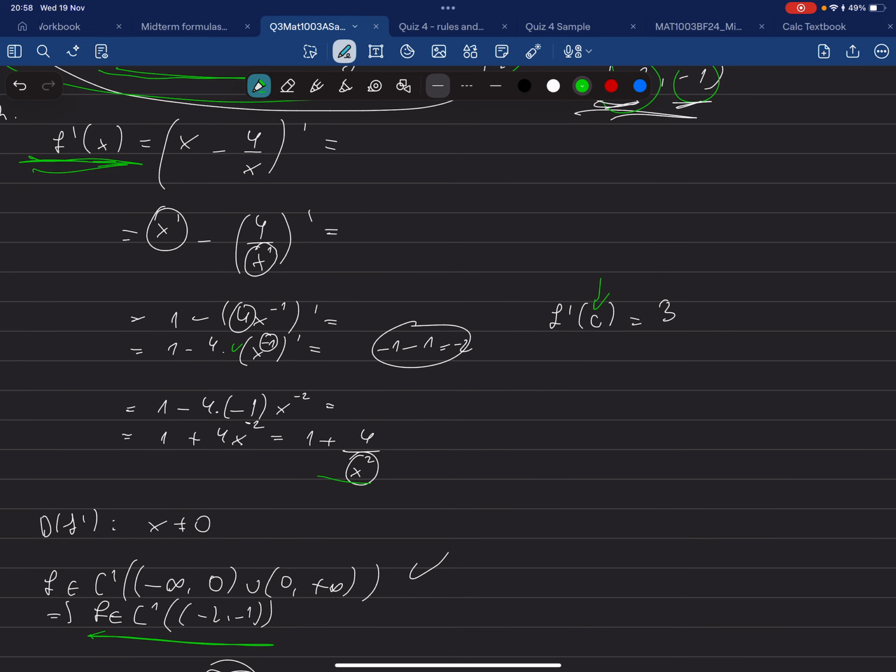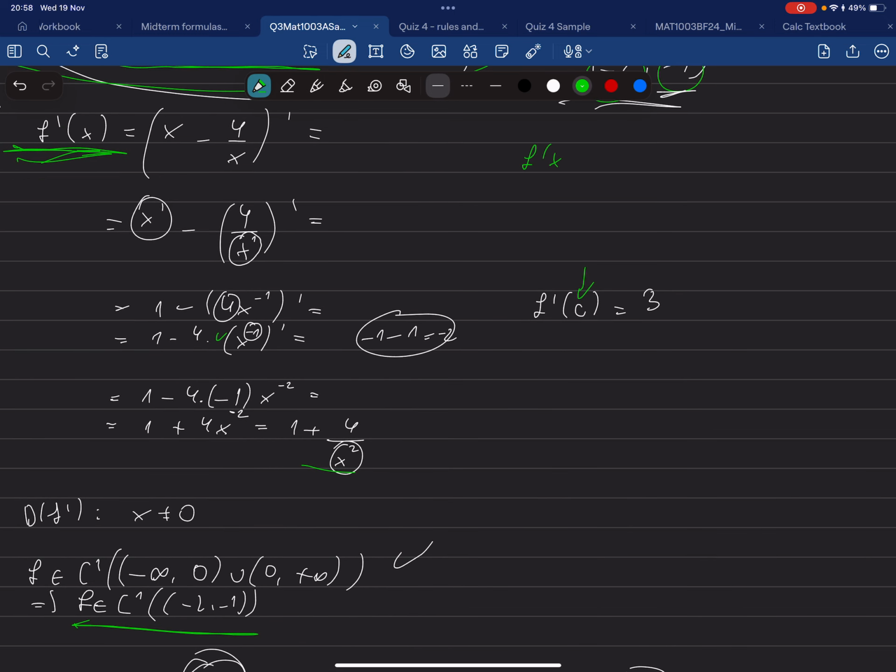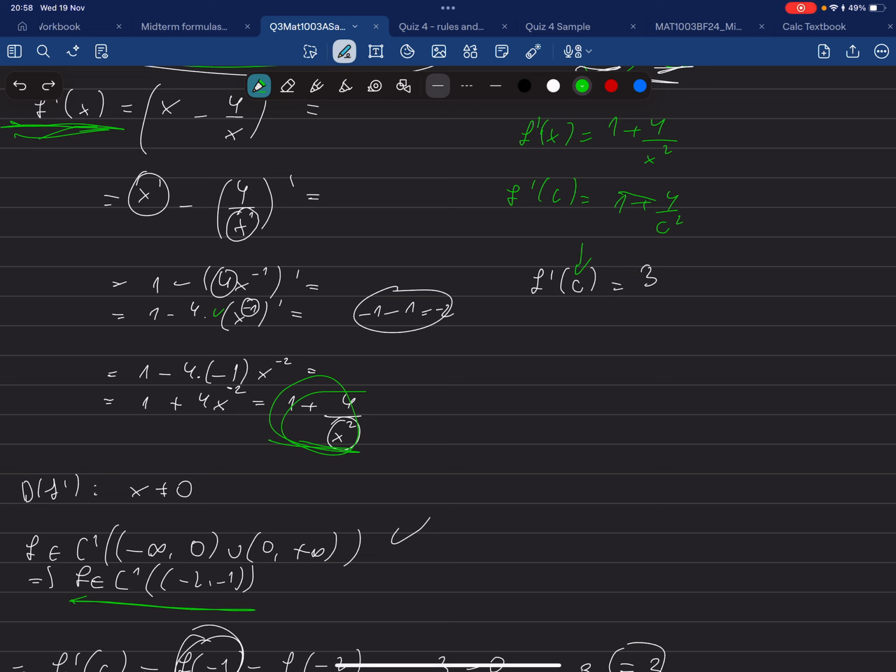Well, I already have the formula for f prime of x. It equals 1 plus 4 over x squared. Therefore, if I use c instead, I'm going to have f prime of c equals 1 plus 4 over c squared. And now, guess what? I can substitute this expression in here.